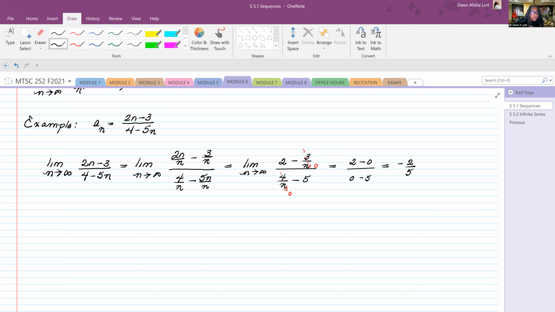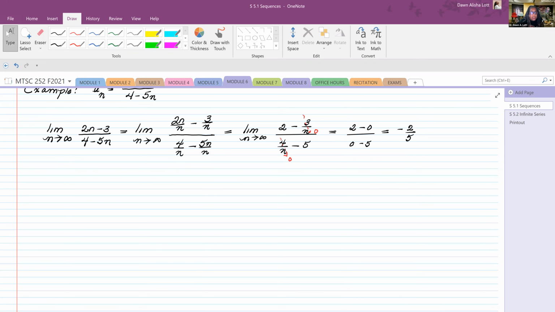Okay, so now let's look at this limit. Here's a problem, example. I'm going to call this a_n, and a_n is the cosine of n pi over 2.